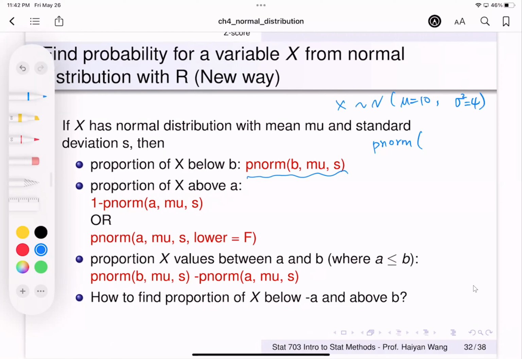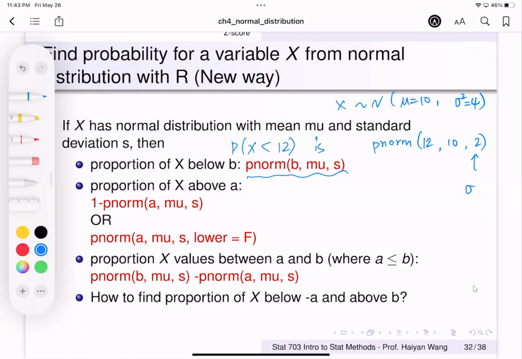In that case, when I want the probability of x less than 12, it can simply be computed in R with pnorm. I'll put the 12 there, and the mean 10, and the standard deviation is 2. This part is the sigma. So that gives us the probability of less than or equal to a number.